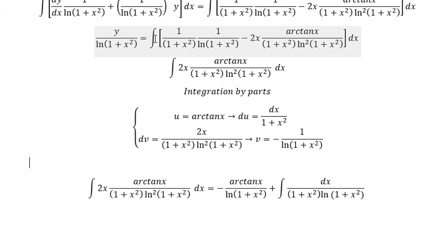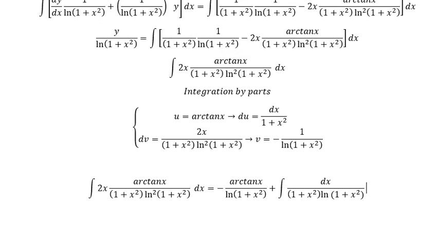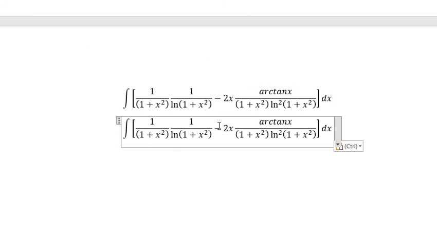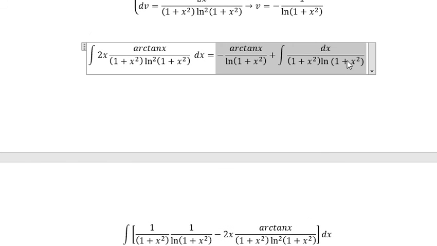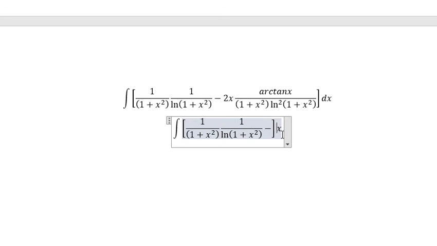Now we go back in here. So the integration of this one is this one in here. Because we have a negative in here, so it should be like this.